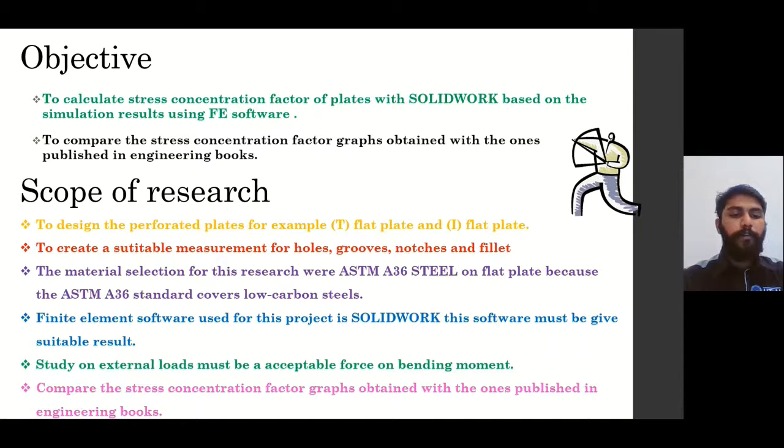Fourth, the finite element software used for this project is SolidWorks. This software must give suitable results. Then, the study on external load must be an acceptable force or bending moment. Lastly, compare the stress concentration factor graph obtained with the ones published in engineering books.